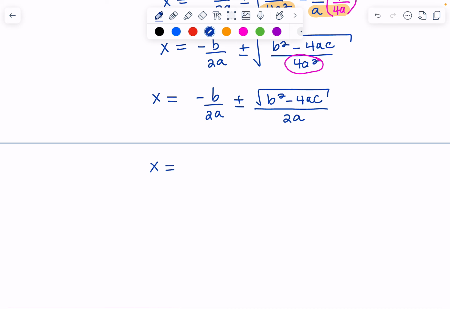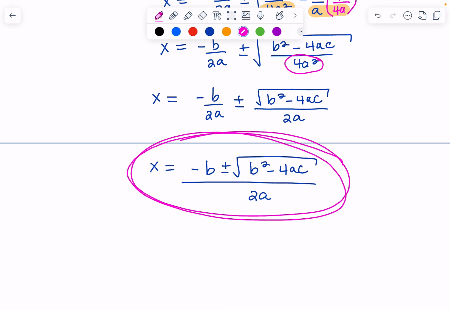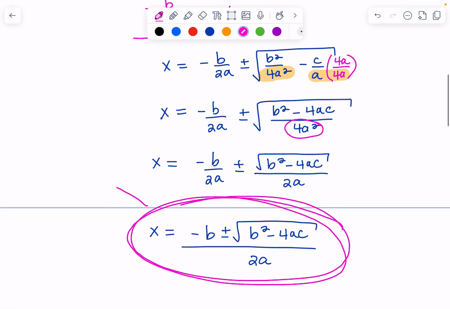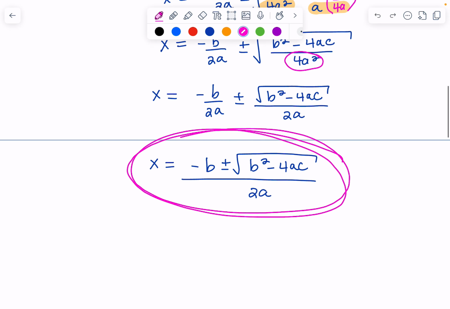So I end up with x is equal to negative b plus or minus the square root of b squared minus 4ac all over 2a. And notice here this is the quadratic formula that we see and typically memorize. It is equal to this one here once we got x all the way by itself, but this first one that we ended up getting is not easy to memorize, whereas if you do some algebra, you end up with the quadratic formula that we memorized today because this one's not too bad.